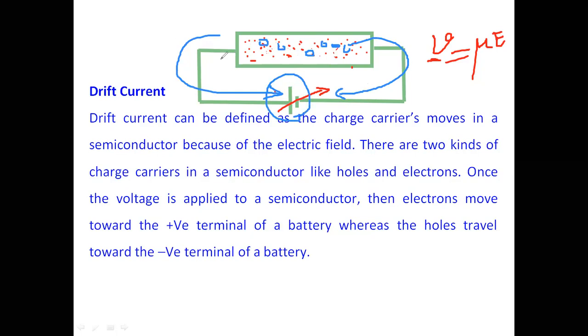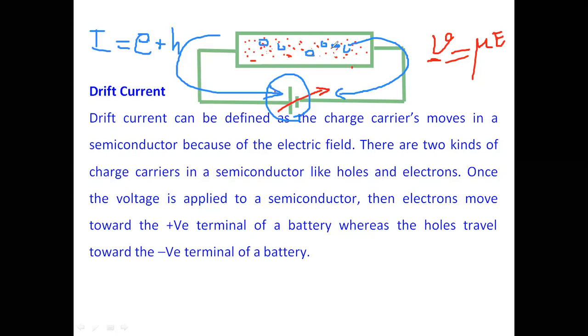So the total current I is a summation of the current due to electrons plus the current due to holes. Both charge carriers, electrons and holes, take part in the process of conduction here.